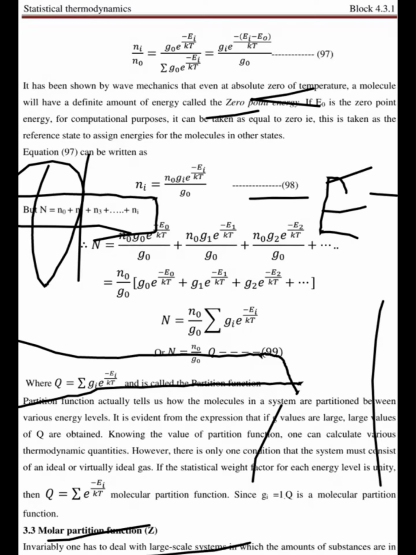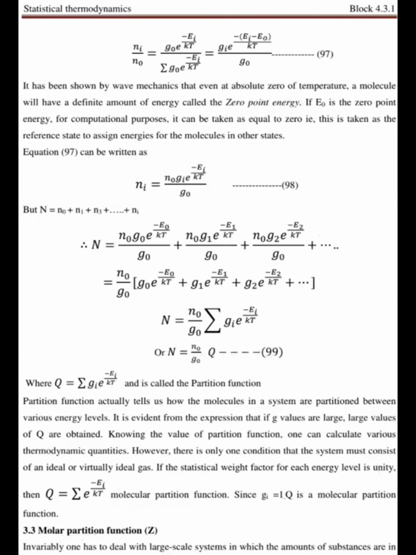It is for molecules which are in large quantity, where the amount of substance is in grams per mole. So here we are going to consider a system which may be supposed to constitute a large number of small ones.